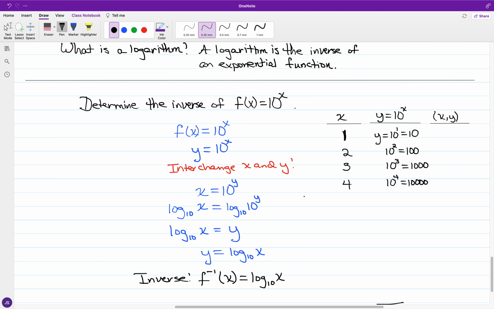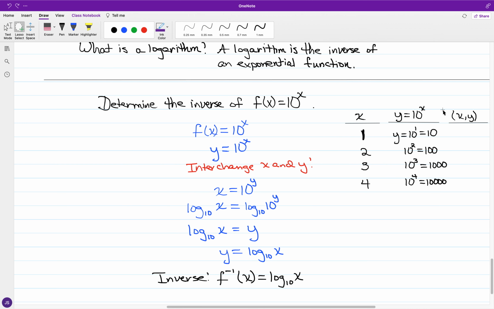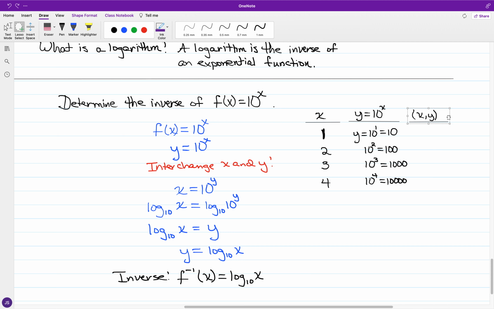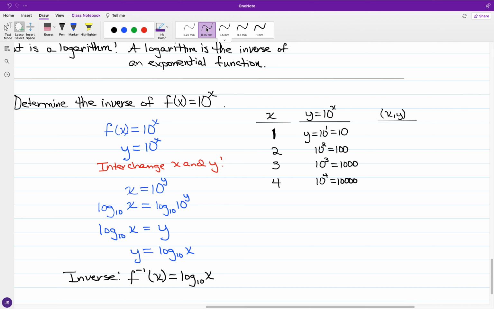So for the ordered pairs, it's like we have on an exponential curve: 1, 10; 2, 100; 3, 1,000; as well as 4, 10,000.